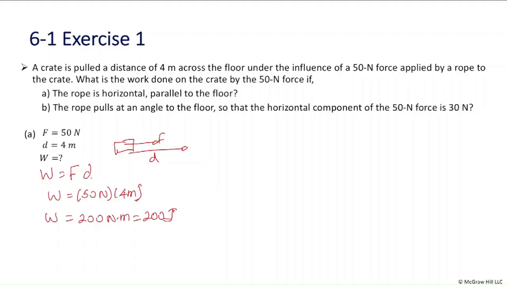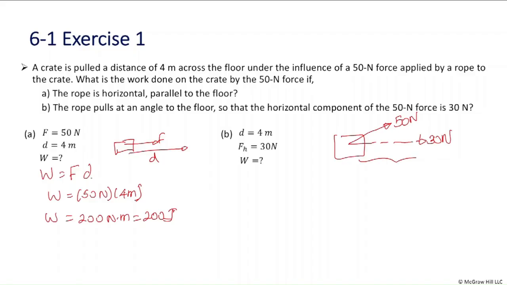Now in part B, the rope is at an angle and the horizontal component of the 50 Newton force is only 30 Newton. So you have a 50 Newton force, the horizontal component of this force is 30 Newton, and you move this crate a distance of 4 meter. So in this case only the force parallel to the motion does work.